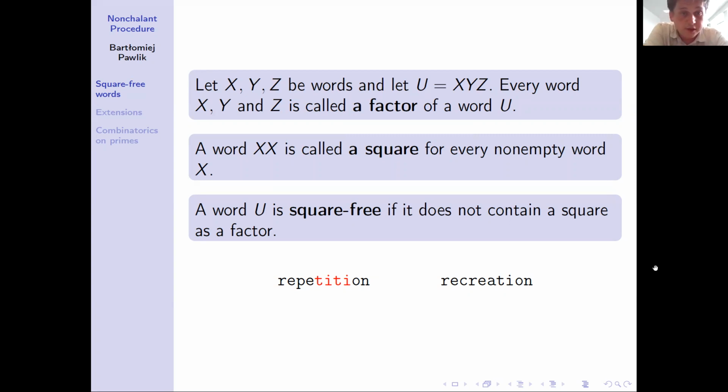A word U is square free if it does not contain a square as a factor. So here we have two examples. The word repetition is not square free because it contains a square TT, while recreation is a square free word.